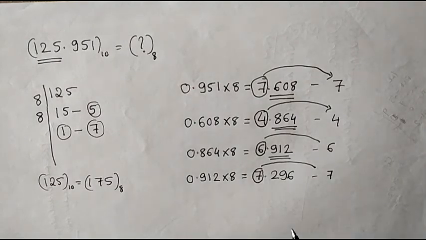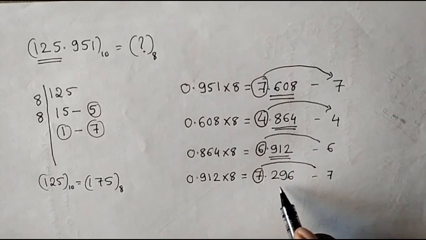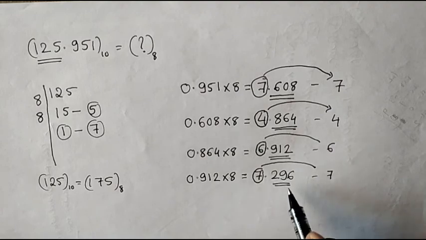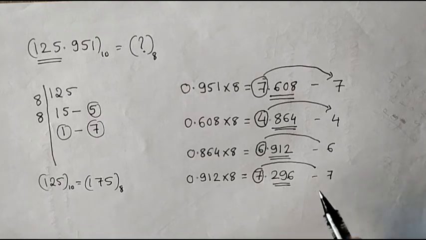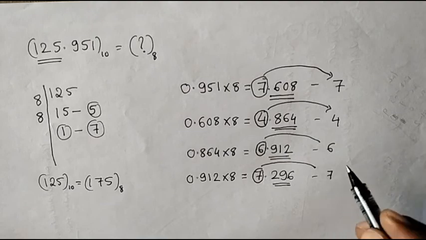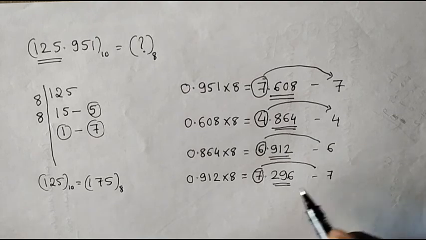So as we know, this process is continued. We are supposed to multiply by 8 until we get zeros here, but in these values we never get zeros. It is a never ending process, so we are supposed to stop after 4 or 5 decimal numbers, after 4 or 5 iterations.